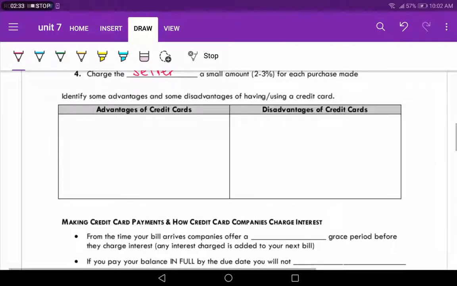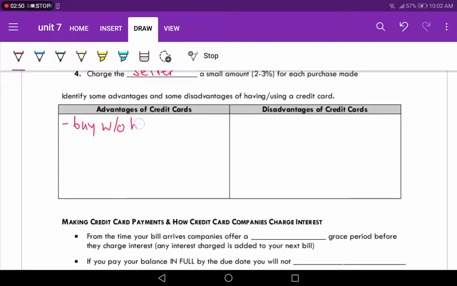Okay, so identify some advantages and some disadvantages of having and using a credit card. So if you have a credit card, an advantage is basically you can buy whatever you want without having the money.